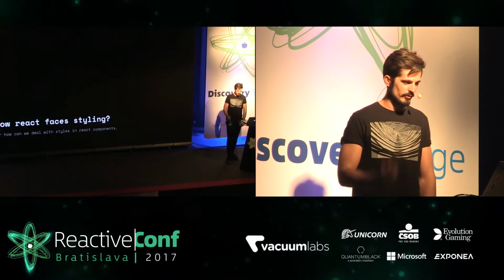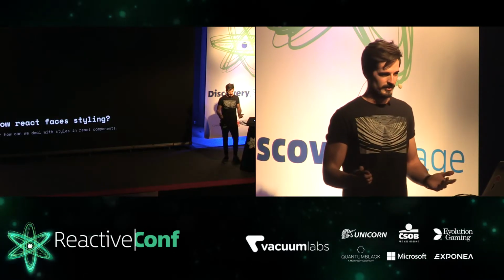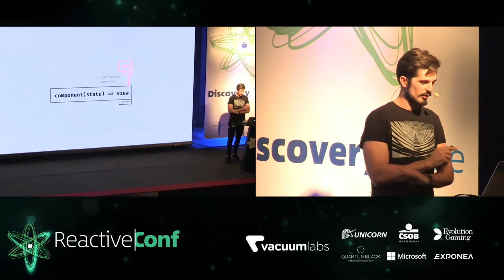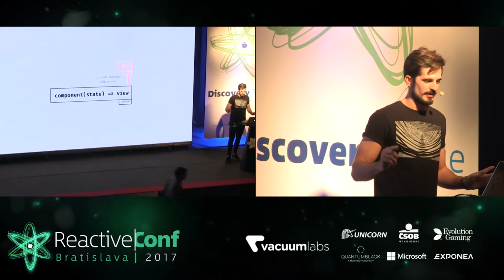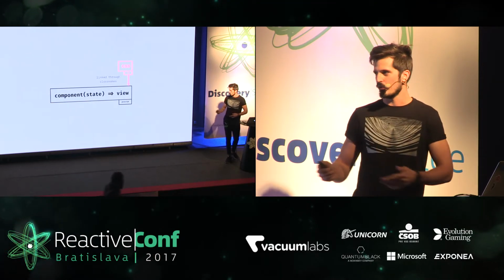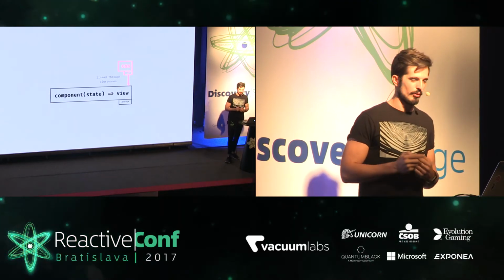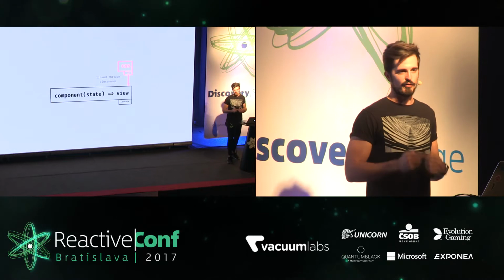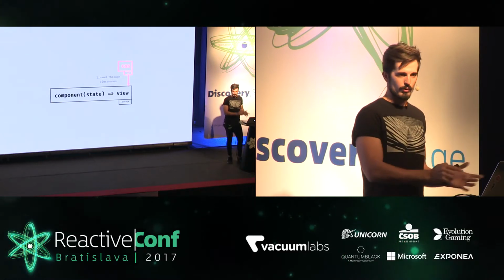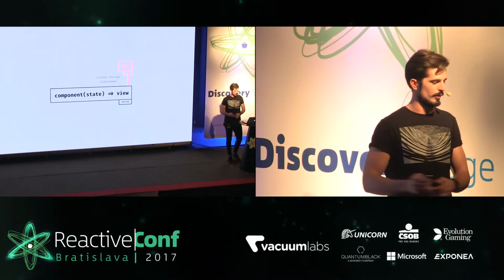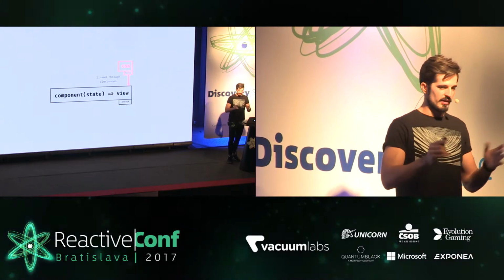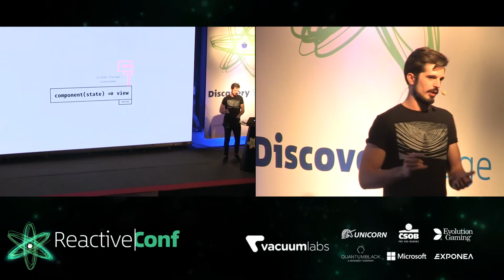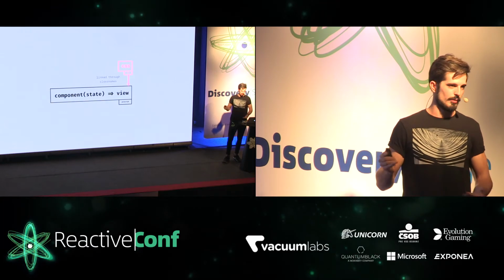So let's talk about how React faces styling. First of all, it's not facing styling at all. So we have this common model where a component can be considered as a function of the state. You have this component, state, you generate a view, right? But everything is encapsulated into JavaScript. We are not writing HTML with React anymore.